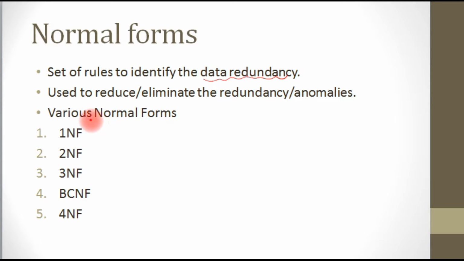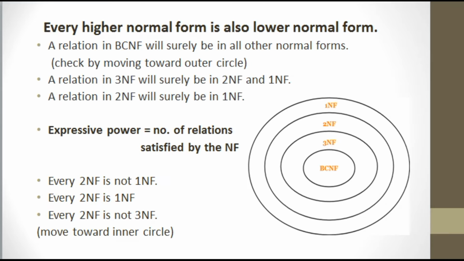There are various normal forms: first NF, second NF, third NF, BCNF, and fourth NF. Now see in this, every higher normal form is also a lower normal form. In this diagram, you can see that if a relation is in BCNF, then it is in 3NF, 2NF, and 1NF.